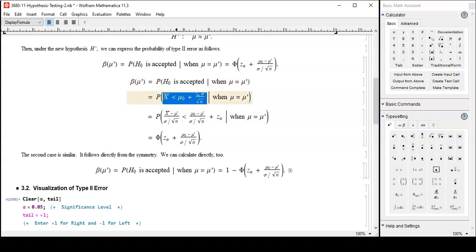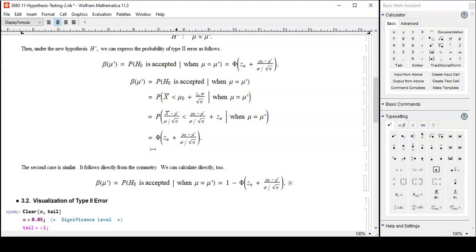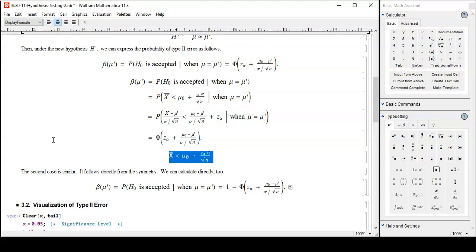Now, let's manipulate this a little bit. Subtract mu prime from both sides, all right? And then divide by sigma over square root of n on both sides.